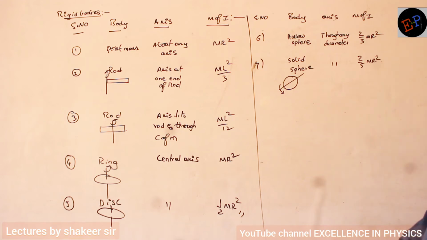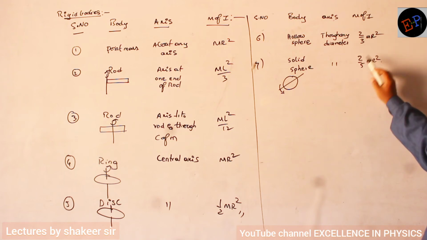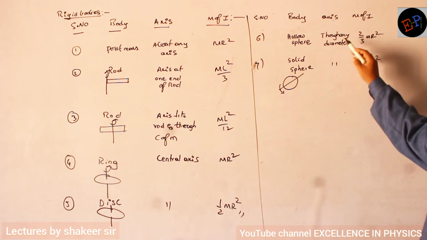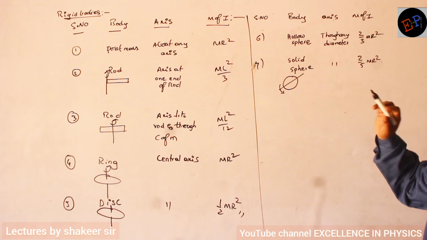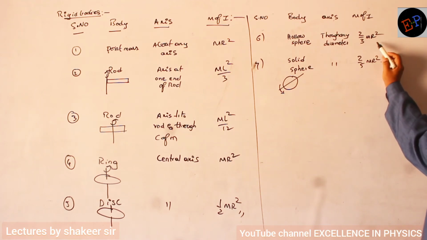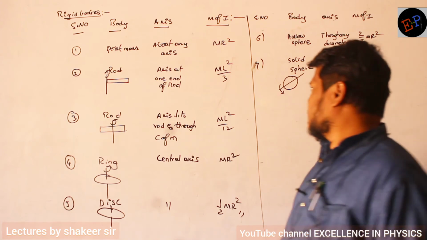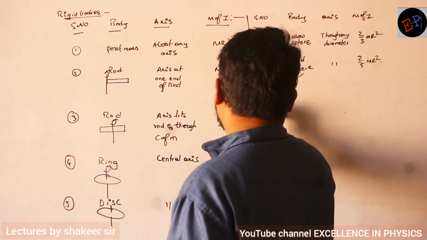Clear, no? If mass and radius are the same, then whose moment of inertia is greater, in a hollow sphere and solid sphere? Hollow is greater. 2 by 3 mr square is bigger when compared to 2 by 5 mr square. Clear, no?